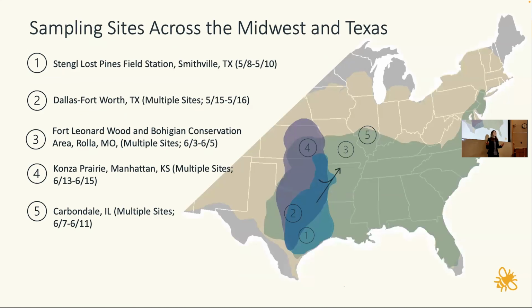To start, we began sampling in Texas because we were tracking the peak flowering phenology for these plants. We then moved northward into Missouri, then west into Kansas, and finally back east to Illinois.